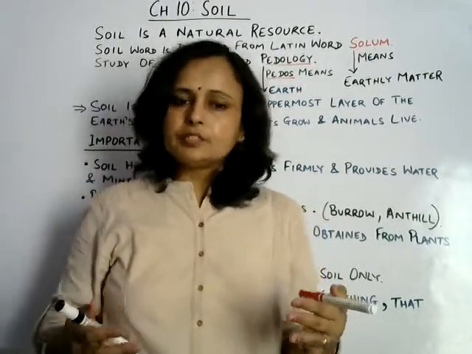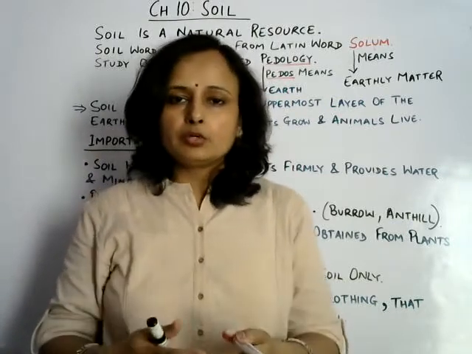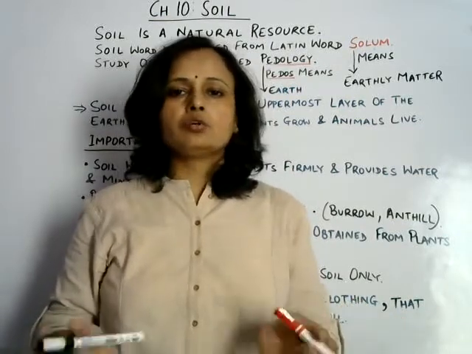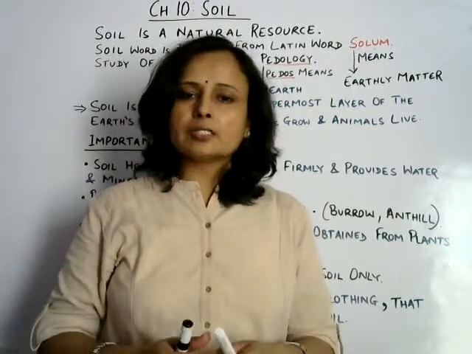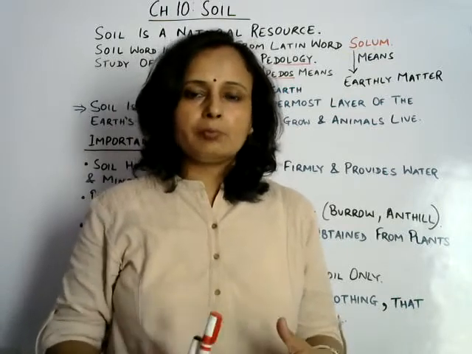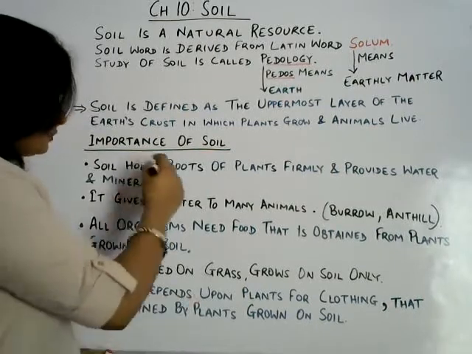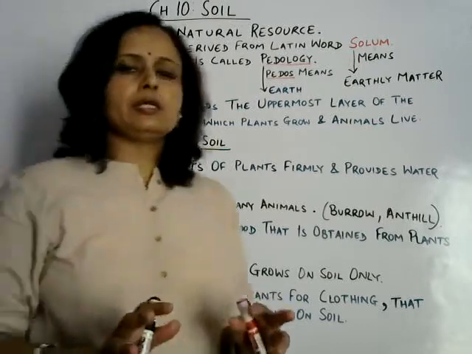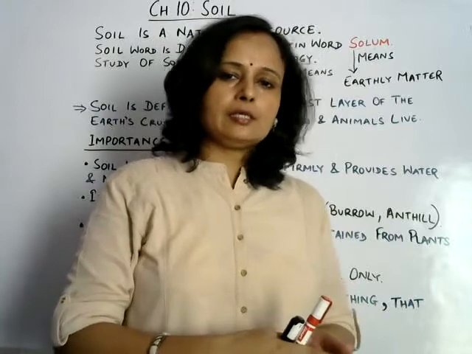How? Because some plants that give us fiber for making clothing material grow on soil only. So soil is important because it also gives us clothing materials, fibers to make clothes. These are the importance of soil, and there are many more, but right now we discussed these things.